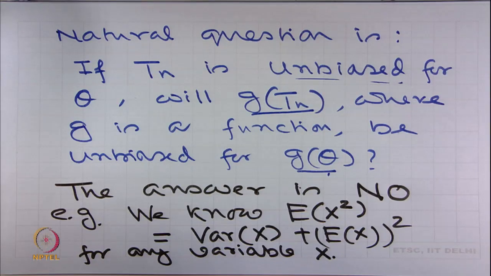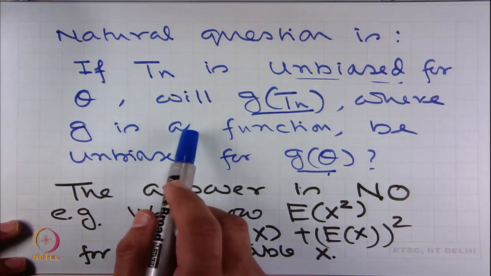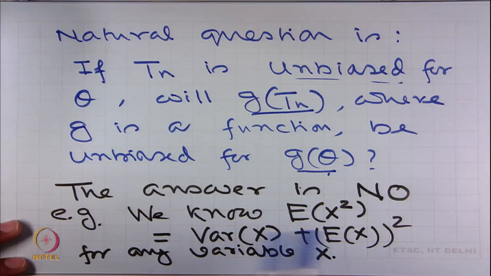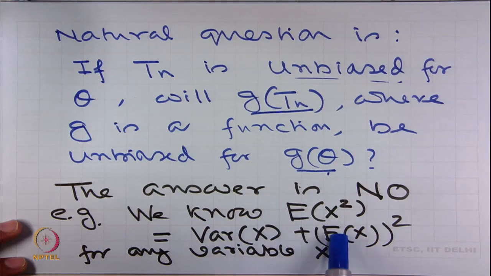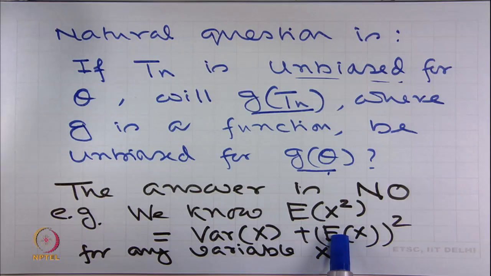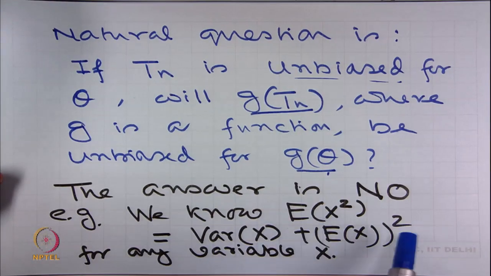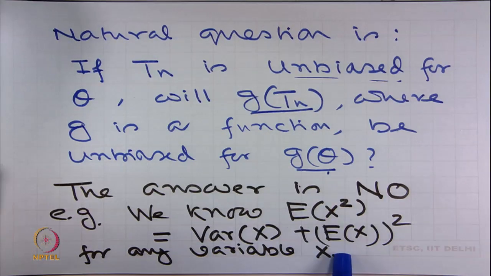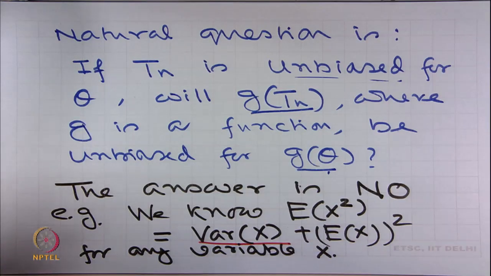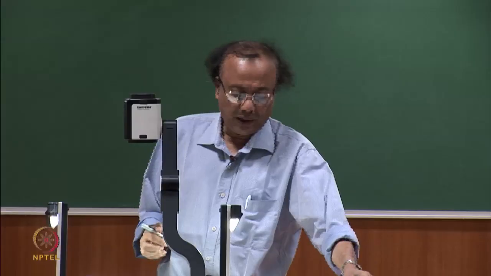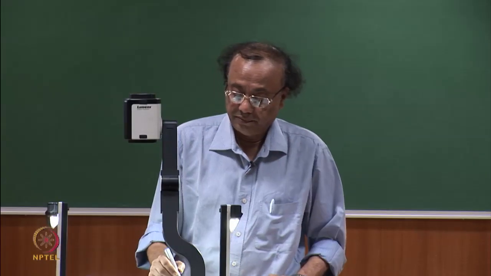Therefore, if we focus on T_n and expected value of T_n is theta, we see that expected value of T_n square is going to be variance of T_n plus theta square, and therefore T_n square is not unbiased for theta square, because there is the bias in the form of variance of T_n.